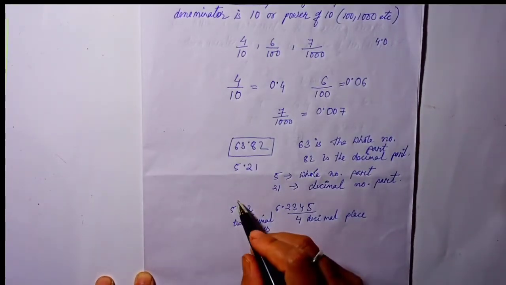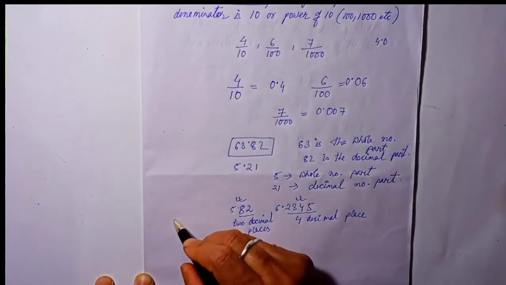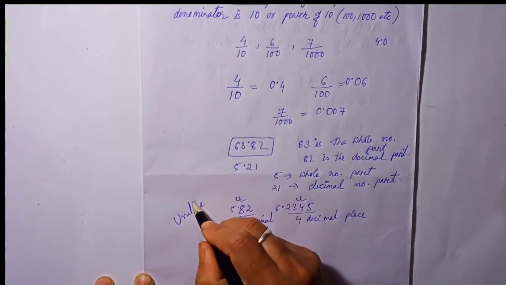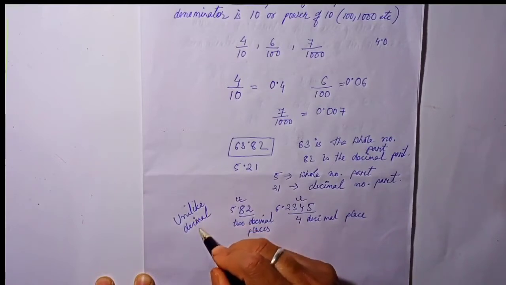These two numbers will be termed as unlike decimal numbers.